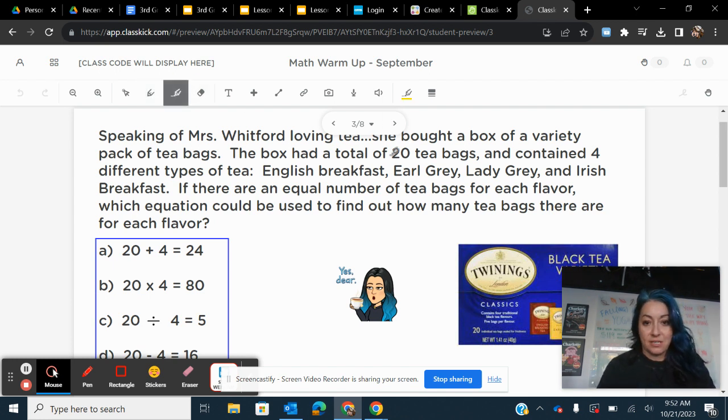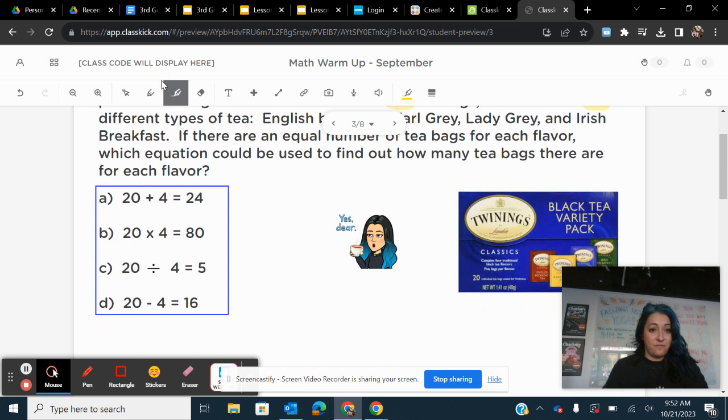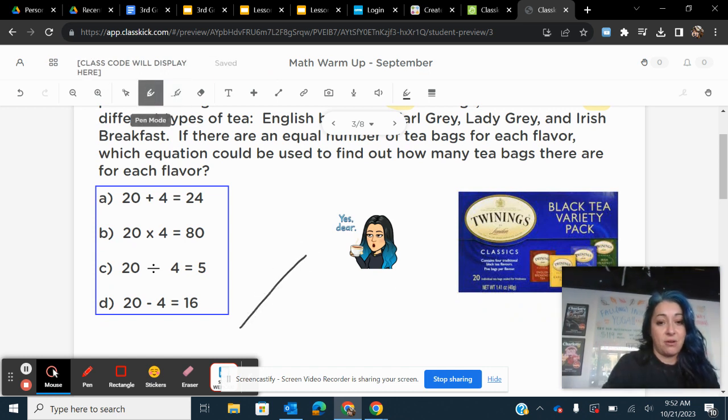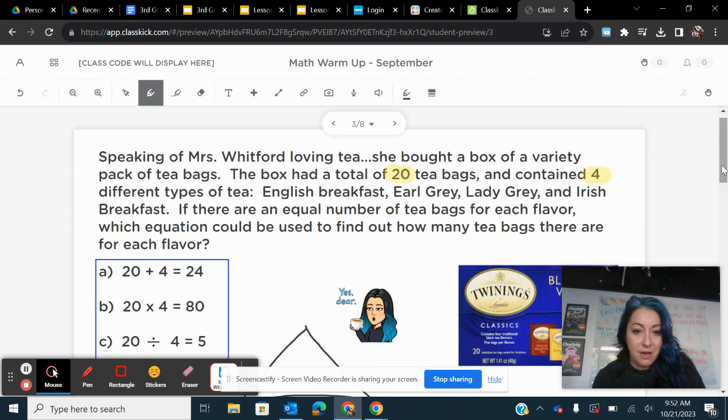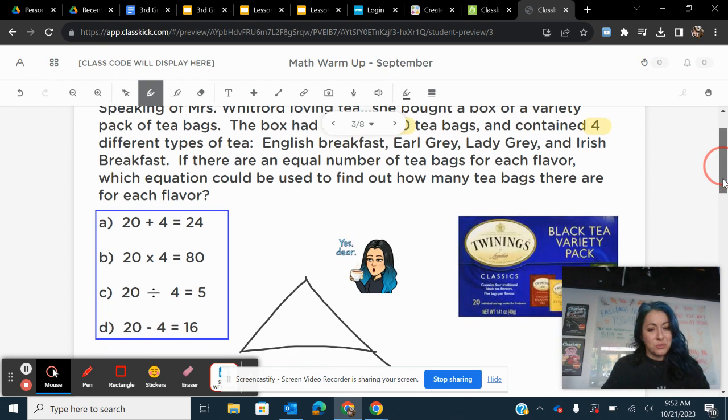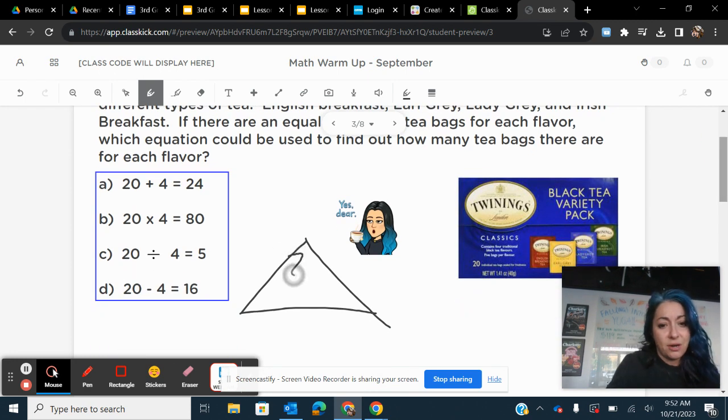I'm going to highlight my numbers, 20 and 4, and I'm not sure what I'm looking to figure out, but let's see. I'm going to fill in my triangle. I have 20 and I have 4. It says the box had a total of 20 tea bags, so 20 is going to be up here for total.